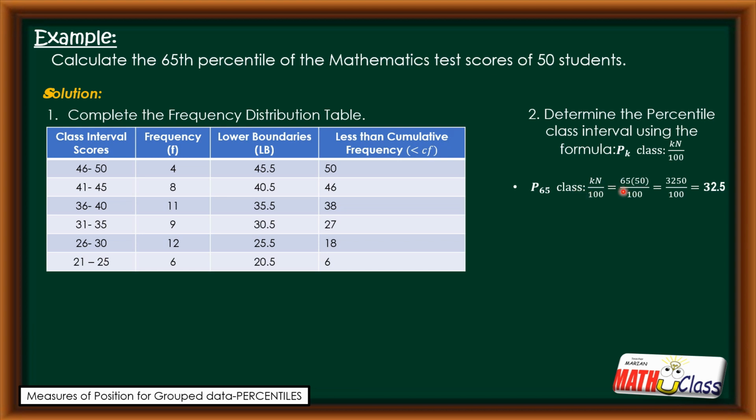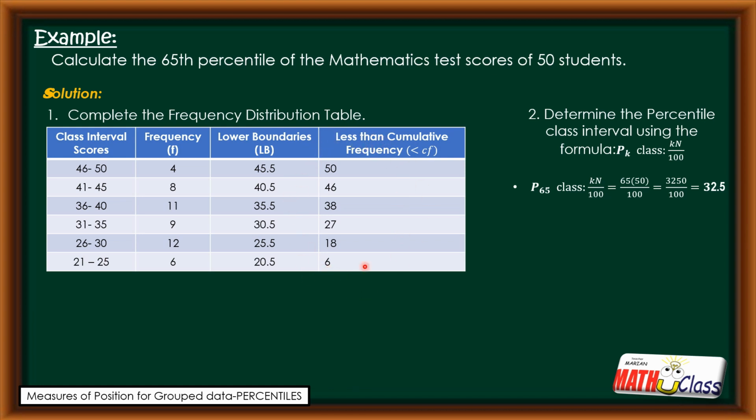So we have here 65 times 50 is equal to 3,250 divided by 100. The answer is 32.5. This means we need to find the class interval where the 32.5th score is obtained. This 32.5th value of observation can be found in the less than cumulative frequency column.